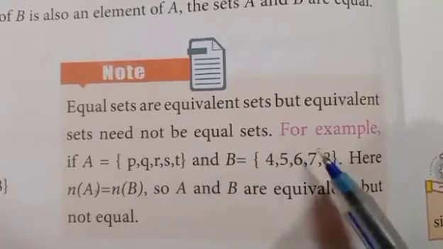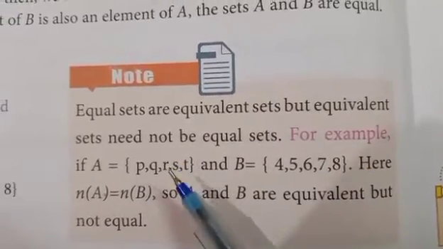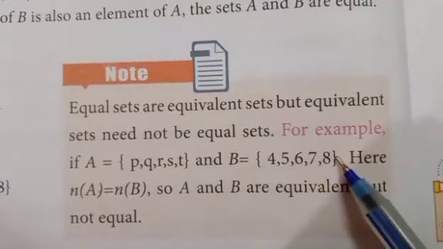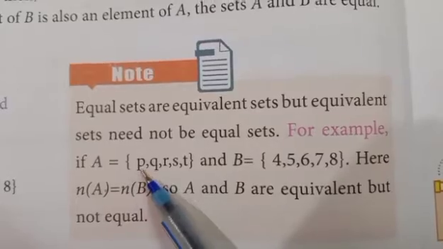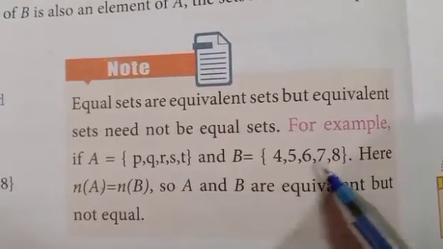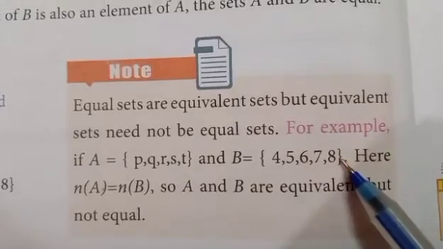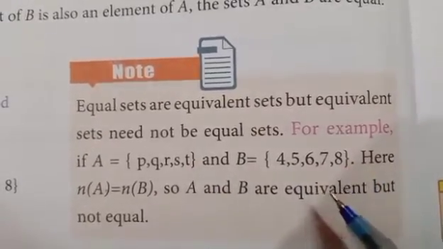So n of A equals n of B. These two are equivalent sets. But are these two equal? No. Why? Because what are the elements in set A? P, Q, R, S, T. What are the elements in set B? Numerals 4, 5, 6, 7, 8. The elements are not equal.